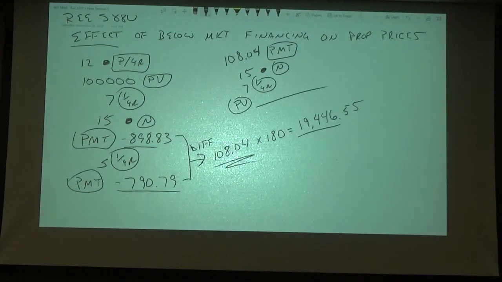What that's going to do is tell us the maximum that we could truly pay if we're taking into account time value of money. So let me do that real quick.